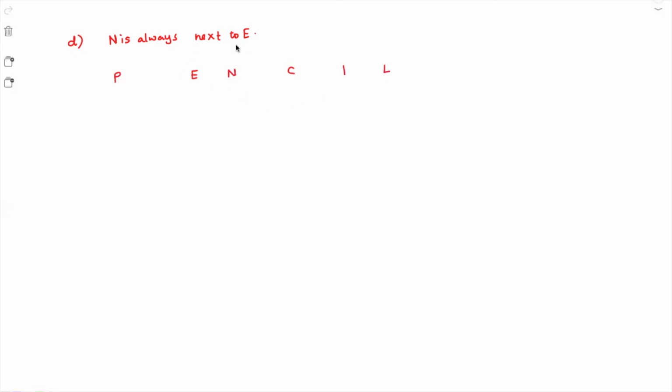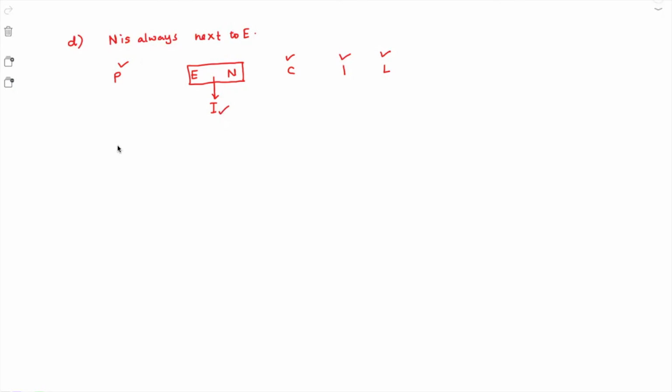Because N is always next to E, this is a given condition. So like I said for the previous type, we will consider these two as one single unit. So we will have 1, 2, 3, 4, and another one, that is 5 letters.